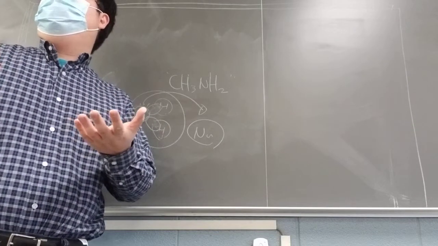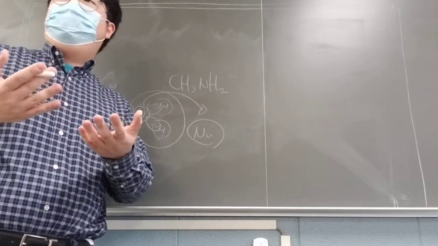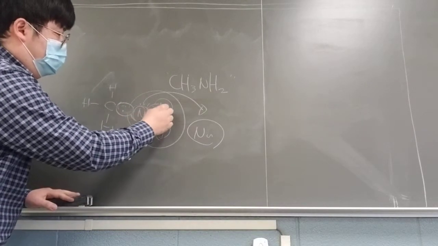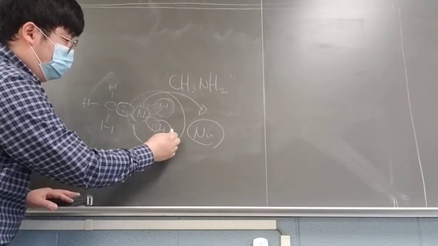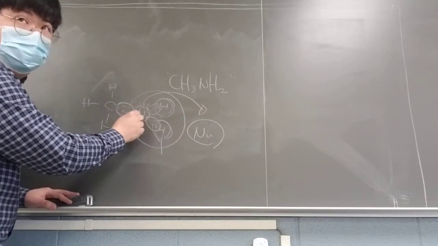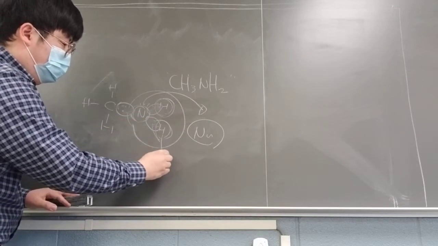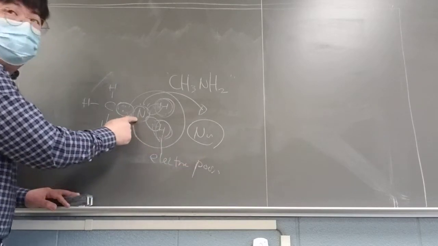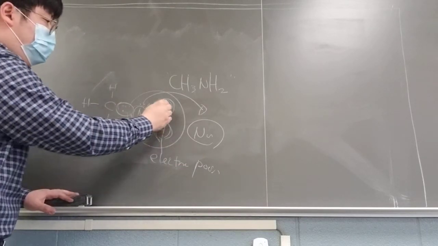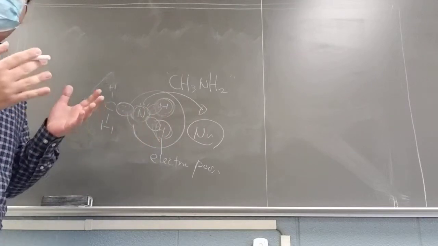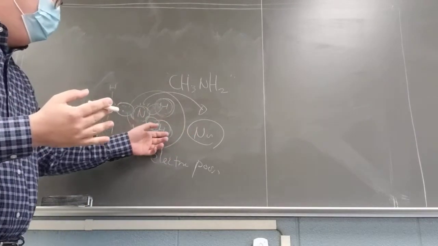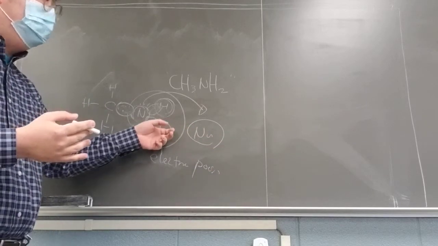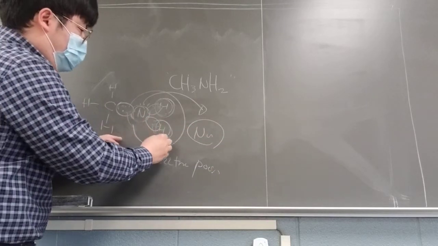Because nitrogen is highly electronegative. Does it make sense? So think about this region here: those hydrogens bound to the nitrogen will be electron poor because of this. So those might be a target for other nucleophiles too.